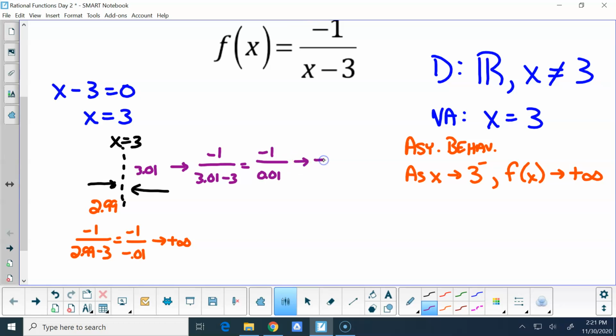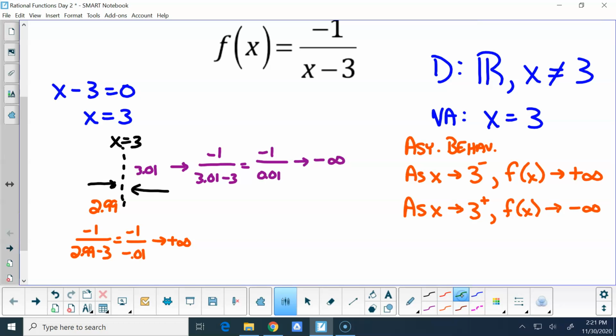So that's going to be negative. And it's a number divided by a getting smaller and smaller number. So that one's going to go to negative infinity. So as x approaches 3 from the right, my function approaches negative infinity.